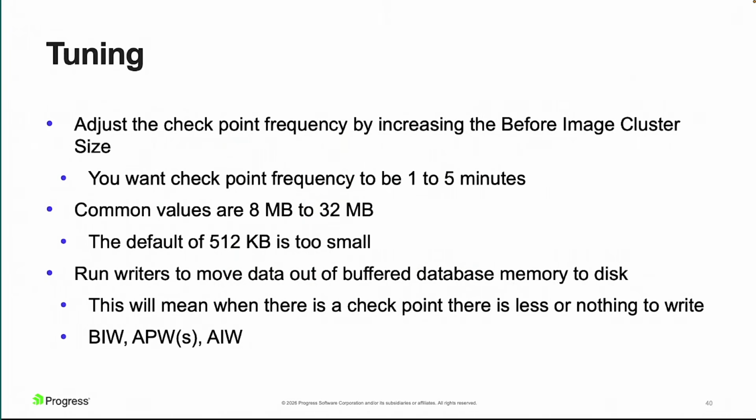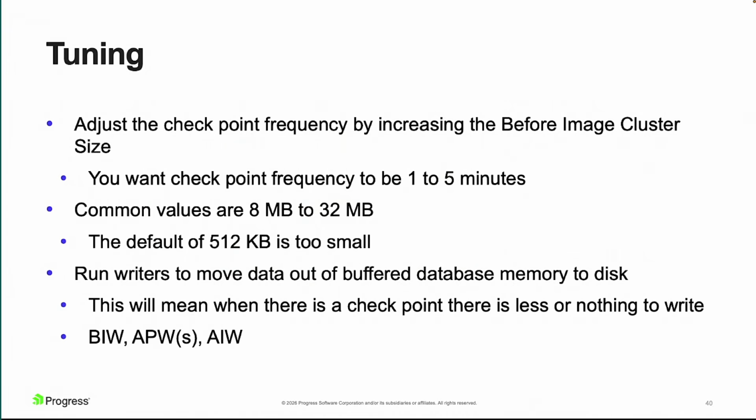That's done by shutting your database down, truncating your BI, and then starting up with a new BI cluster size. You don't want to checkpoint more often than every 1 minute. You probably don't want to go more than 5 minutes. So knowing how often you're checkpointing now gives you an idea of what you should set your BI cluster size to. Common values are 8 megabytes to 32 megabytes.